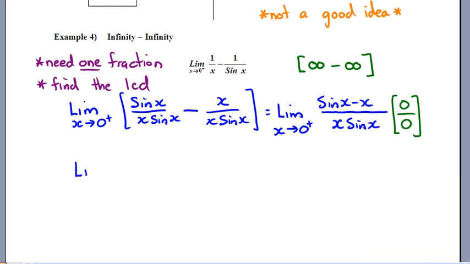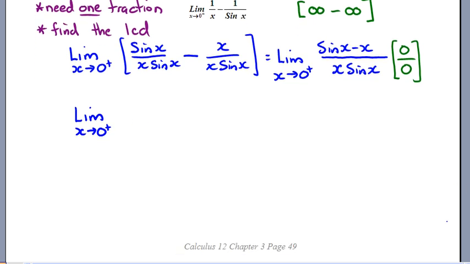So I'm going to do a limit as x heads towards that same value, 0 plus, and now it's time to do a derivative of the top and a derivative of the bottom and see what this looks like. So the derivative of the top would be cos x minus a 1. And then the derivative of the bottom, it's a product rule.